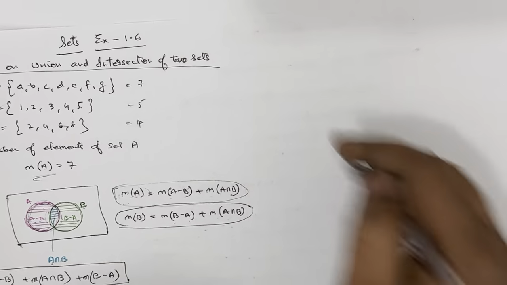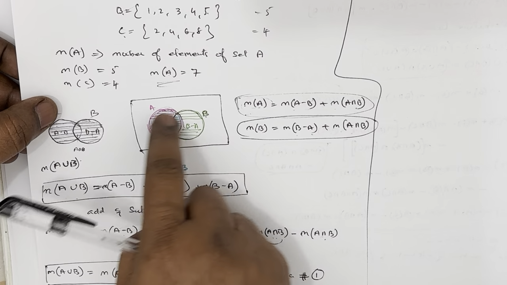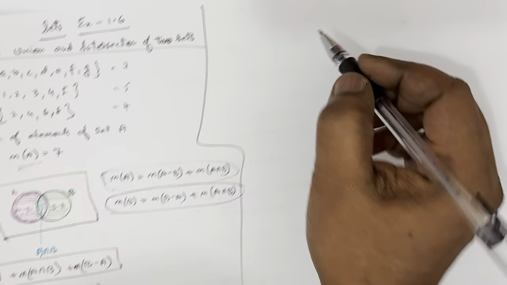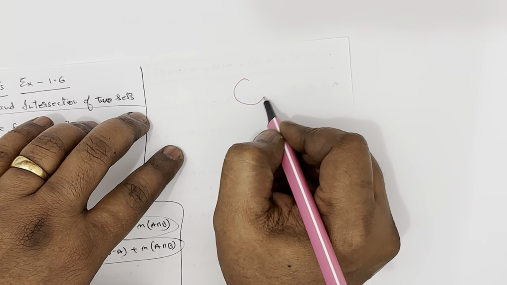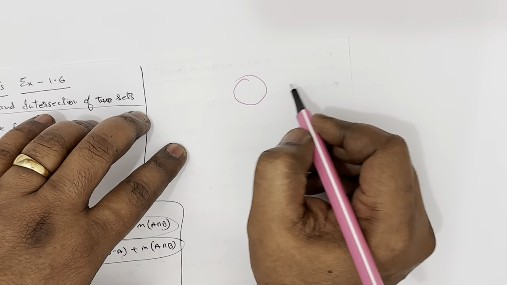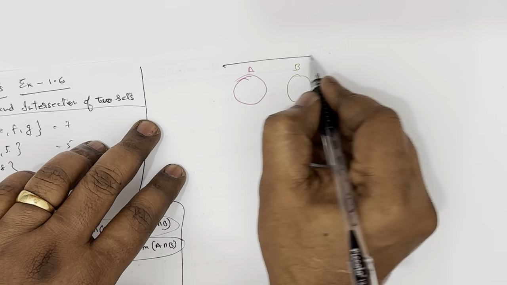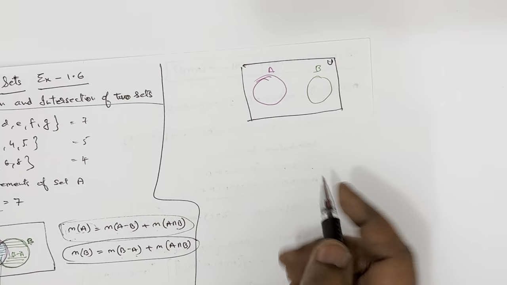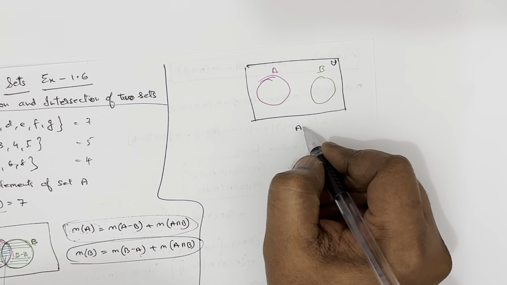Now you see, these two are joint sets. What if these are disjoint sets? Again, this is a set A, and this is a set B, and you have the universal set U. Now what is A intersection B?